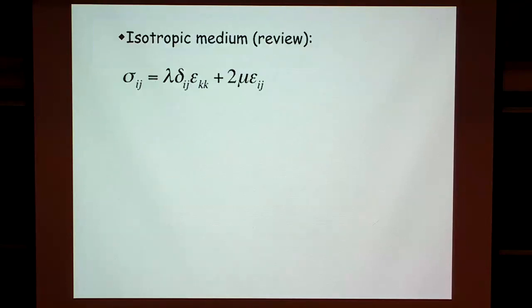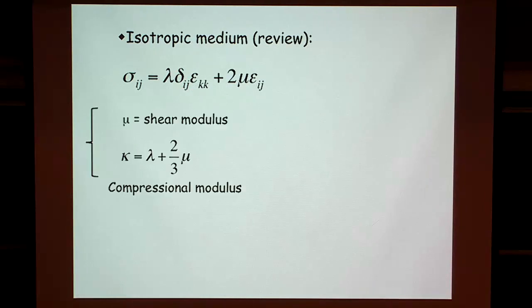So as we've seen in Ved's talk and some of the mineral physics talk, in an isotropic medium we have Hooke's law, which relates the stress tensor to the strain tensor, with two parameters, lambda and mu. Here I'm using the notation with the contraction of the indices and the Kronecker delta symbol.